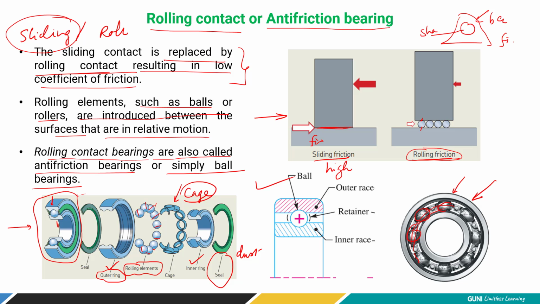They will come into one position, right? So to prevent this, and to have uniform working or loading conditions, a cage is used, which will simply space the rolling elements at equal distance. So by construction, we have the ball, the outer race or outer ring, the inner race or inner ring, and the retainer, right?